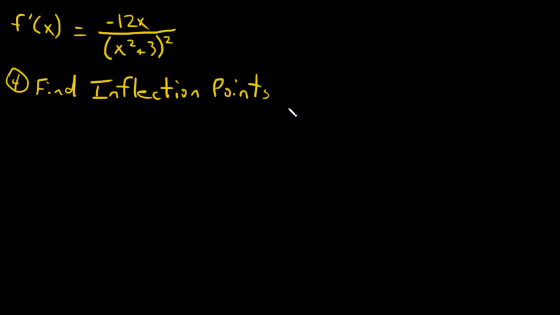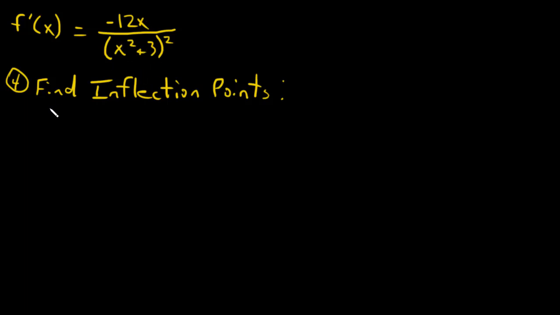Okay, just like I had to find the critical numbers with my f prime, with my f double prime, I'm going to find inflection points. So first things first, I need to find f double prime. This is a quotient, so here we go.